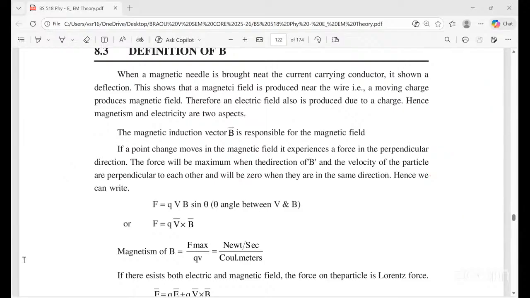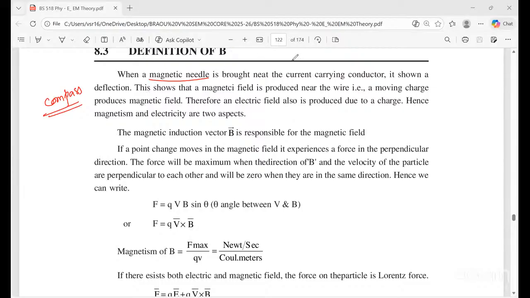So for the magnetic induction or the magnetic field here, consider a magnetic needle brought near the current carrying conductor. Magnetic needle means compass. So there it has a needle with a south pole as well as a north pole.